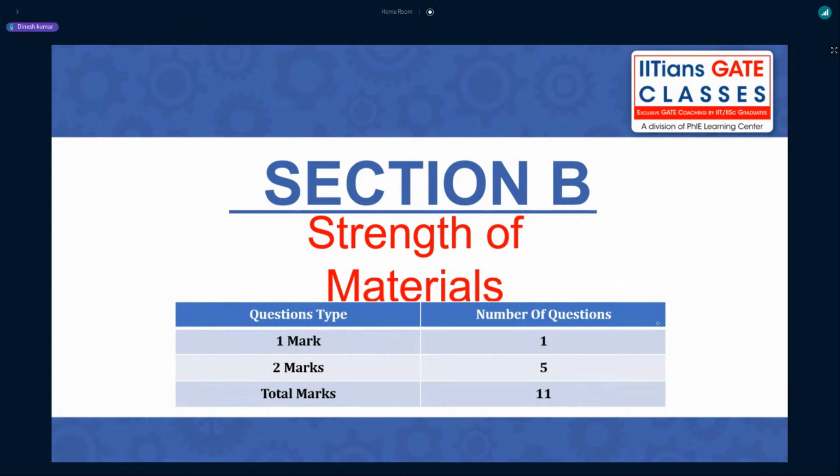Yes, both. Yes, Rohit, that also, rib and shear center. That is from thin wall structure. So Rahul sir's expertise is in strength of material and vibration. So we'll start vibration.